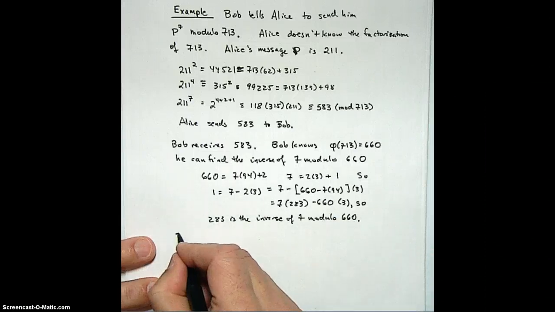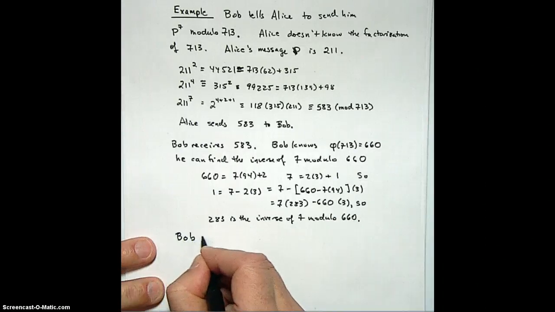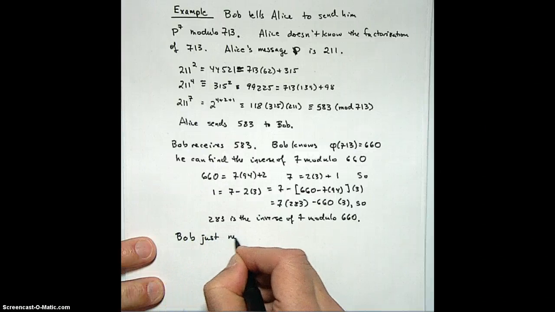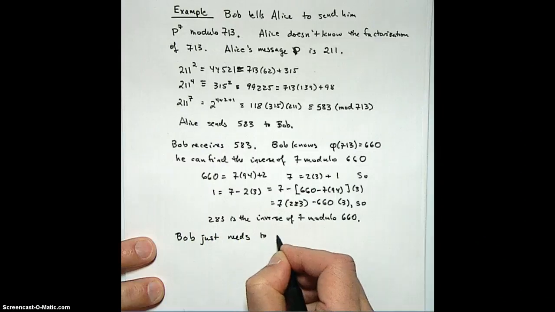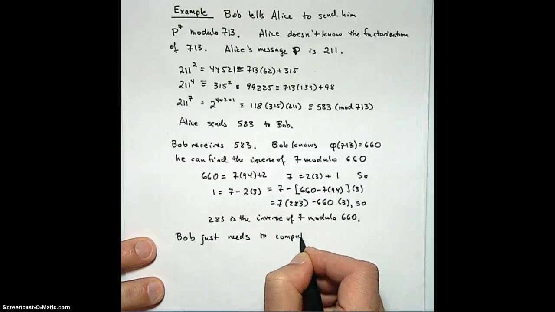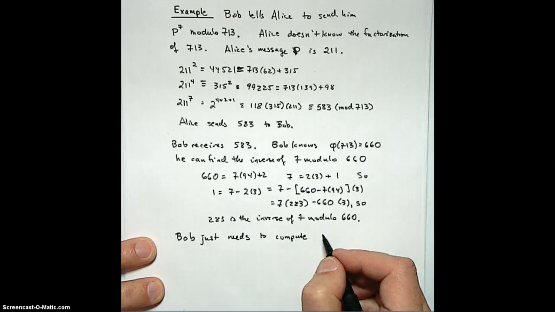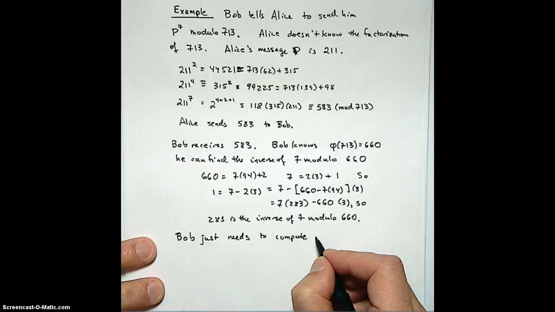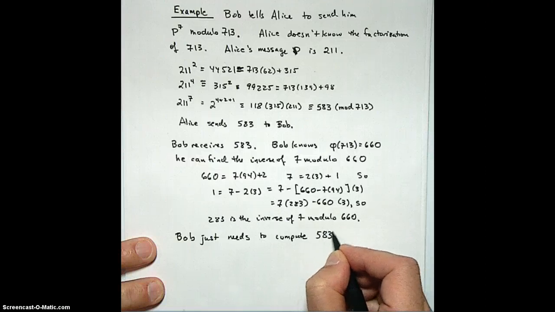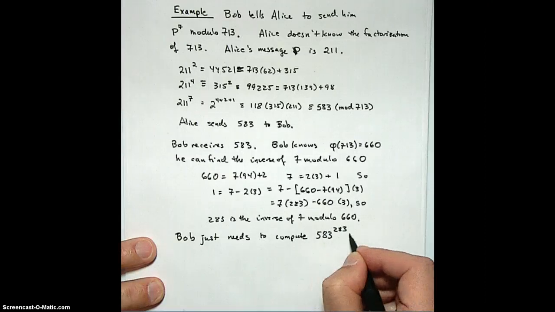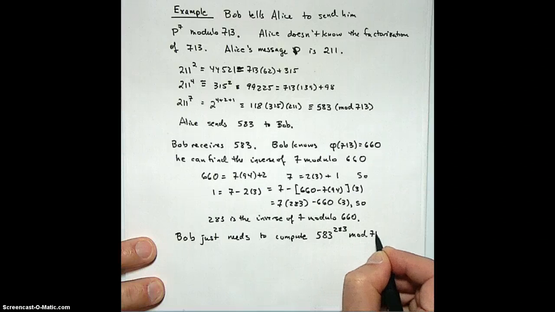So Bob just needs to compute the least positive residue of 583 to the 283rd power modulo 713, right?